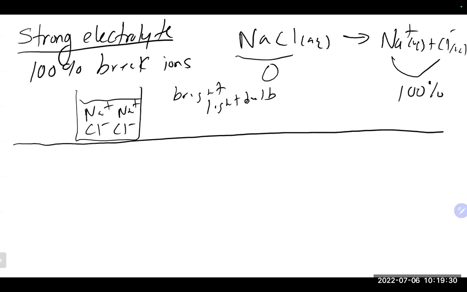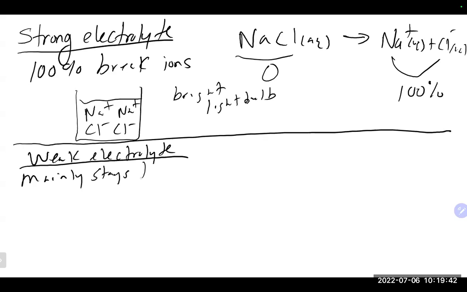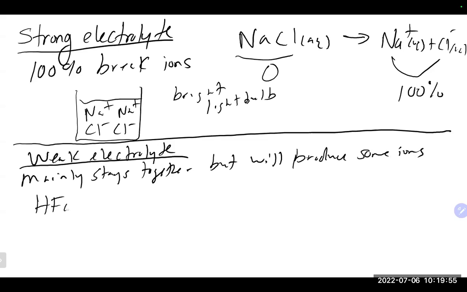Different to that is a weak electrolyte. A weak electrolyte mainly stays together but will produce some ions. For example, hydrofluoric acid, HF, will break apart into H plus and F minus.